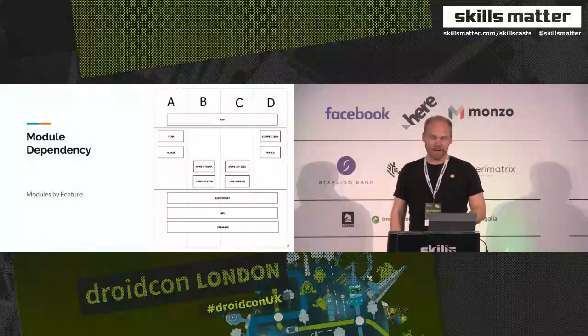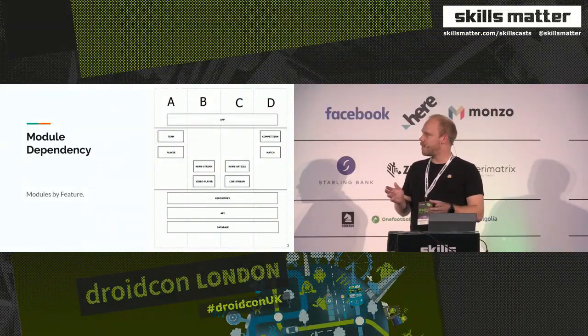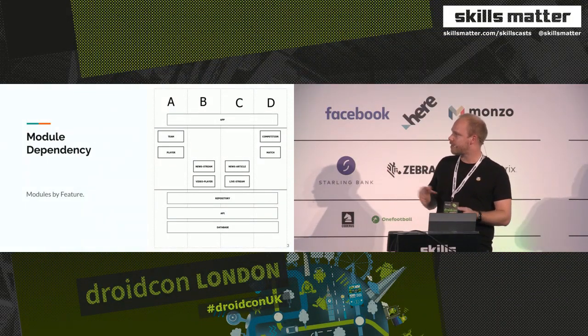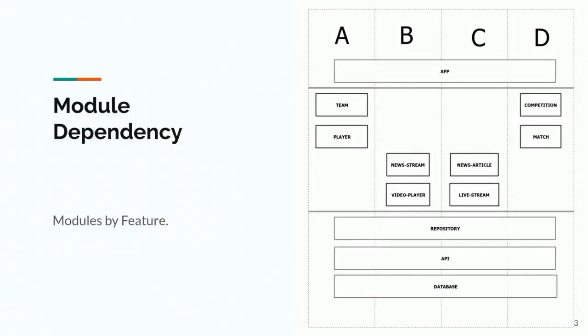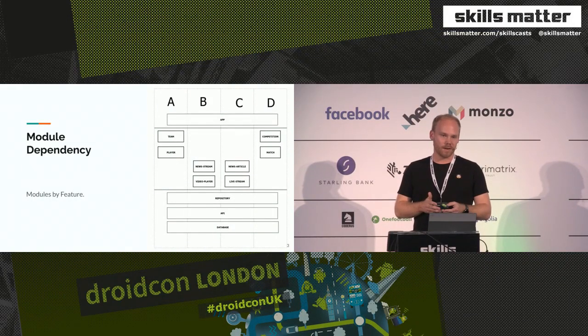If we continue this and look at the examples we had previously, if we move towards modules by feature, in theory it looks like this, meaning the dependencies are pretty clean. Person A has 2 modules to work on, person B has 2, and they are still sharing the same data layer and the same API and database, but these would also be splittable in theory.